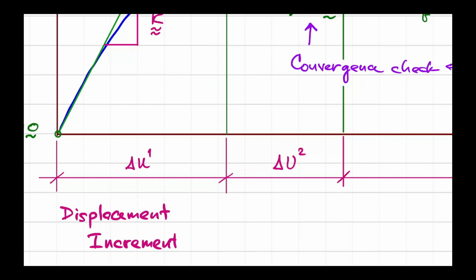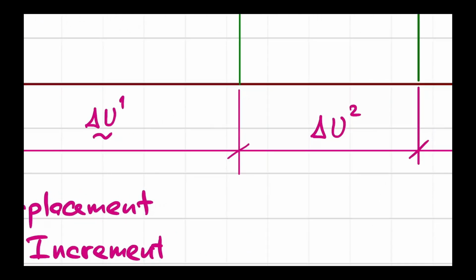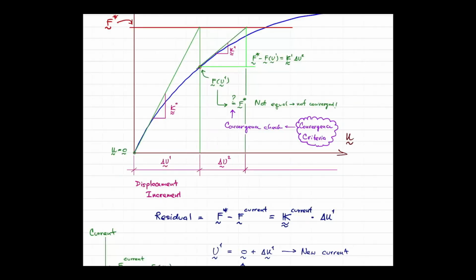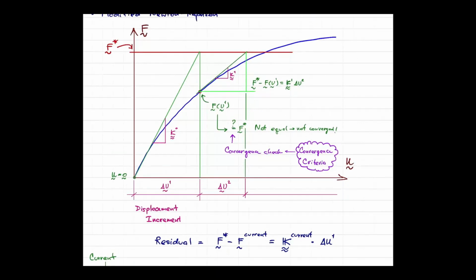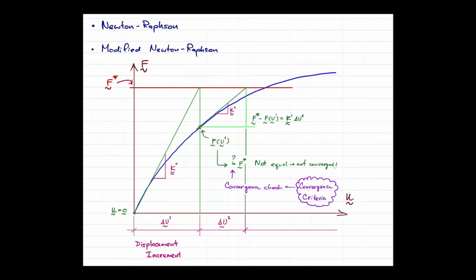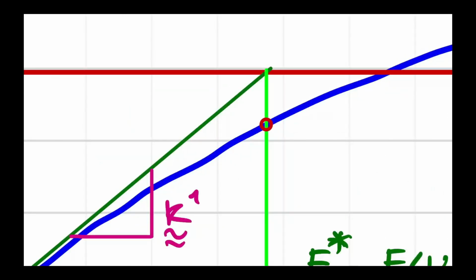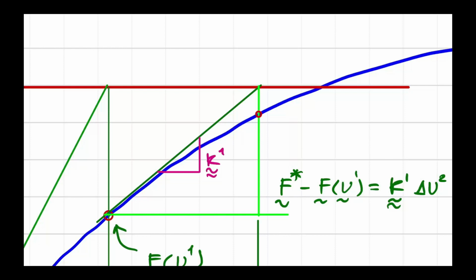Delta U2 should be just using, and make it the vector. Done. Then update, and then obtain the new current.